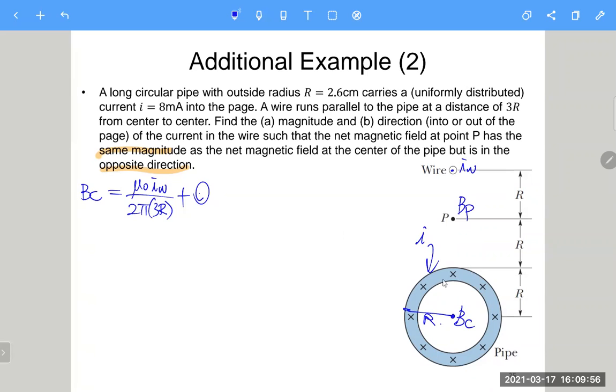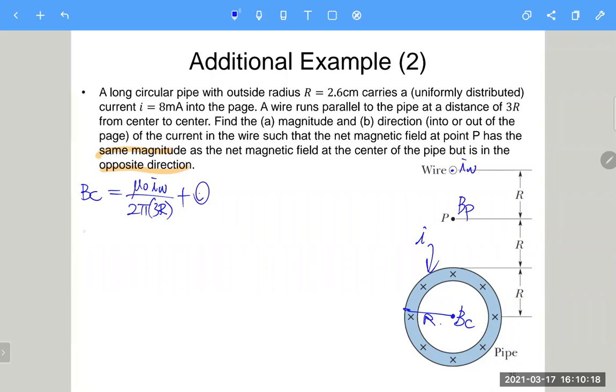Then due to symmetry, the pipe generates no B field at this point. So we have plus 0 here.